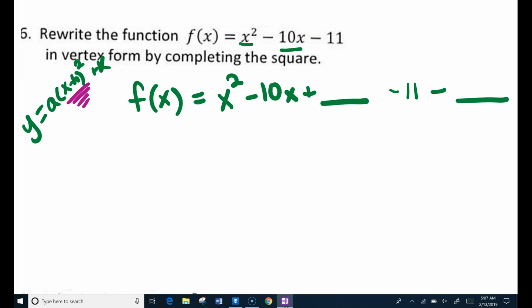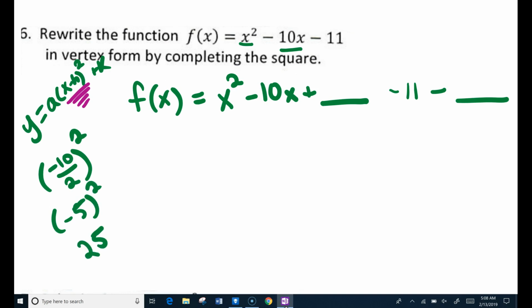So I do the same process that I've done for completing the square. I take my b term, negative 10, I half it, and I square it. So negative 10 divided by 2 is negative 5. Negative 5 squared is 25. So I add 25 here, and I subtract 25 here.